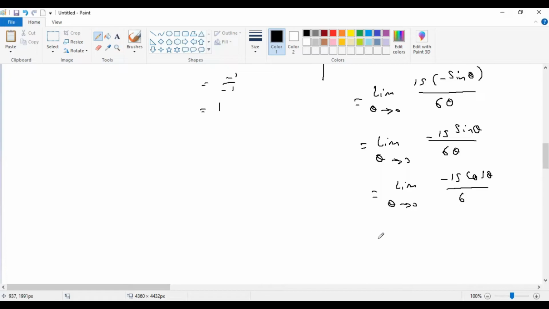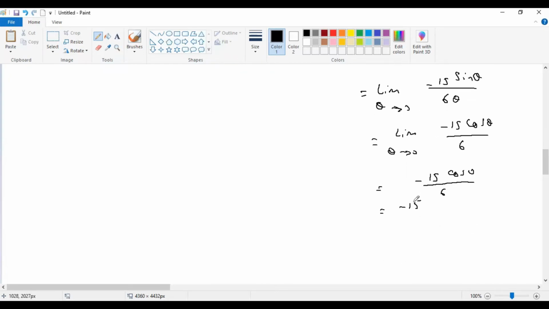Now cosine 0 is 1, so the answer is negative 15 over 6, which, divided by 3, is negative 5 over 2.